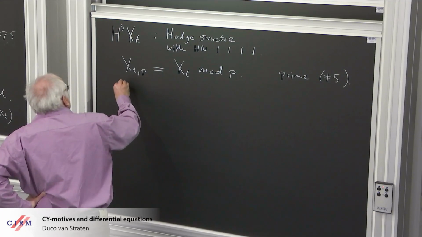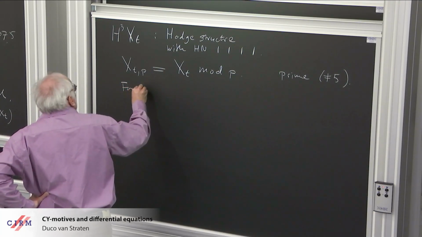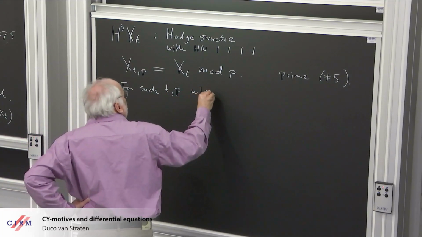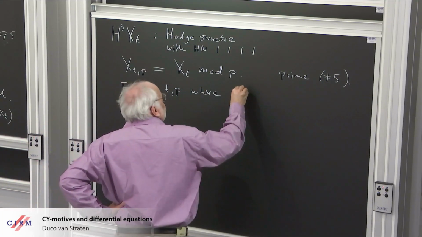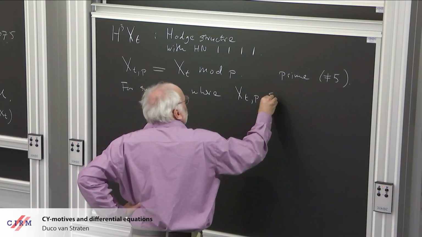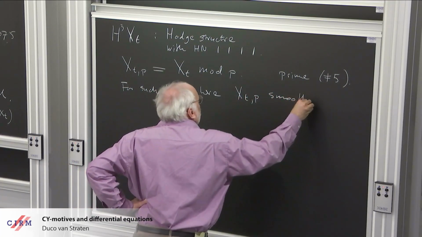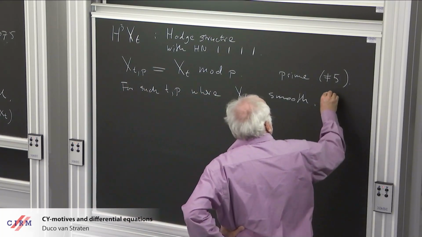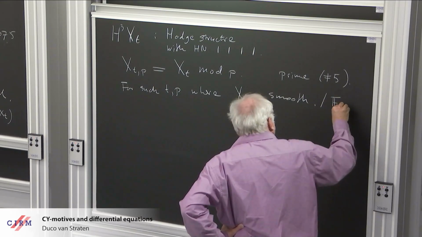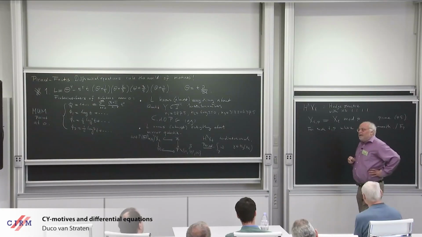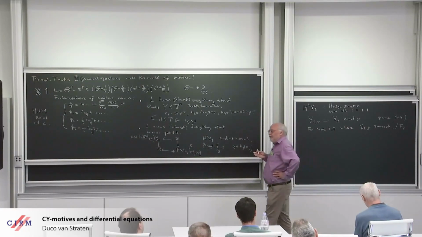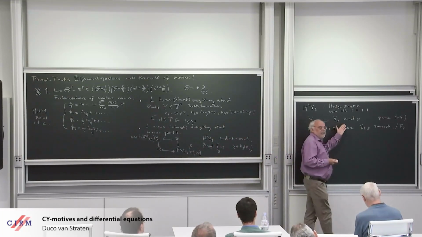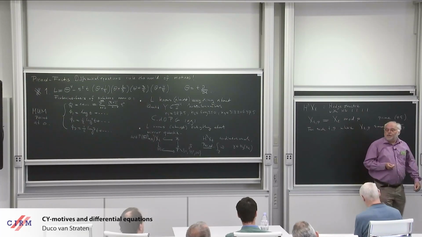So for such smooth, we have a nice smooth variety over F_p. And you can ask about further cohomology groups. You can look at the crystalline cohomology or étale cohomology groups.